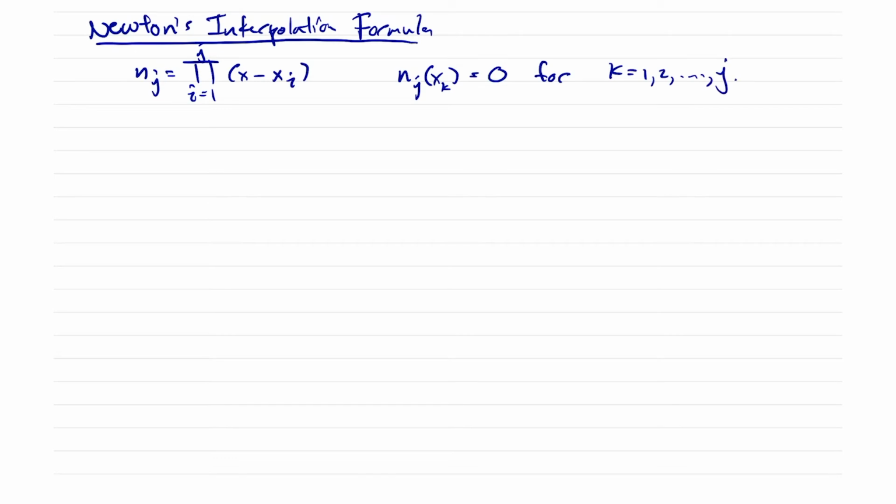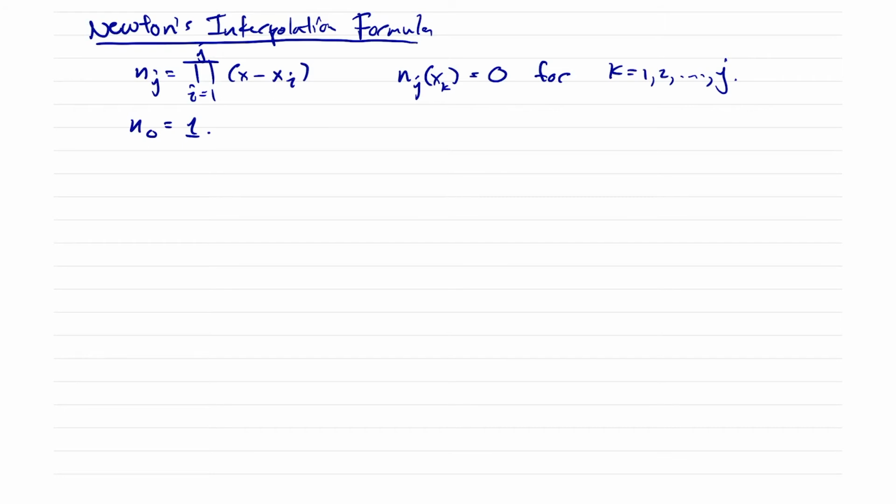And then after that, it's whatever the value is. There's also one other part that we should talk about, and that is we're going to set N0 to just be the constant function 1.